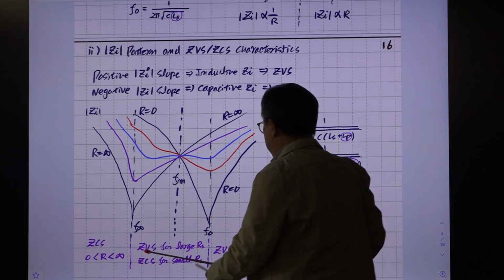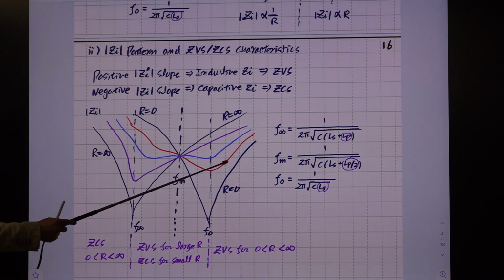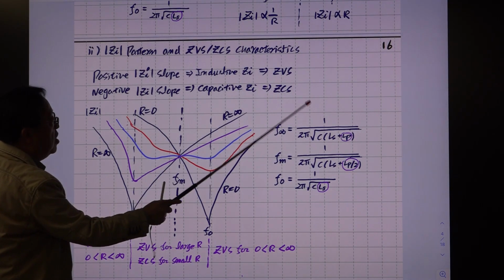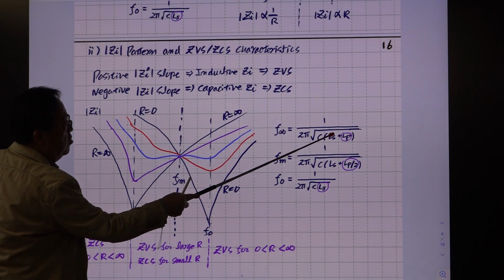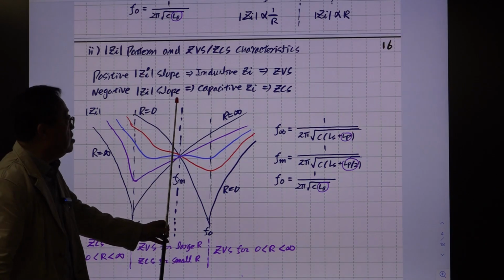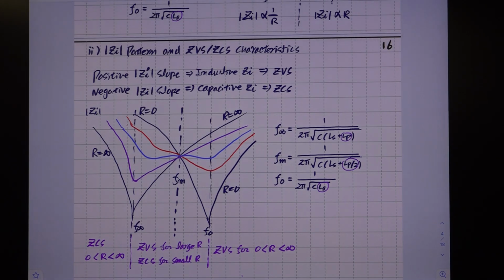So GVS for large R. I use the plural form, but it confuses. Maybe some student will look for RS. There is no RS. We only have R. For large R's, we have GVS. For small R's, we have GCS. That is so obvious here. At resonance frequency F infinity, one is open and one is shorted, so we have only two elements, but somewhere in the middle, you have this expression. We'll prove that later. So this is the story.